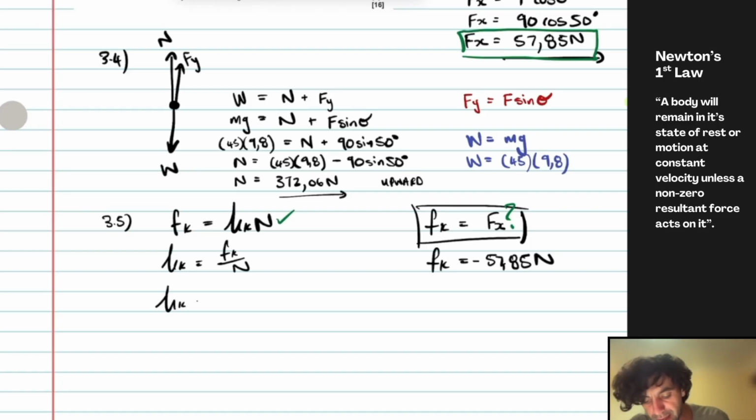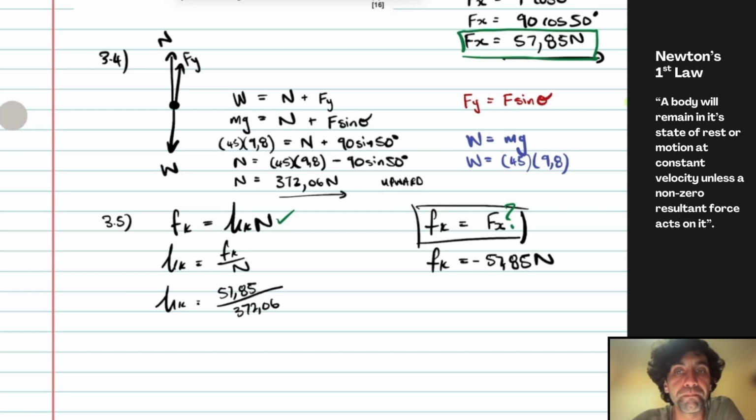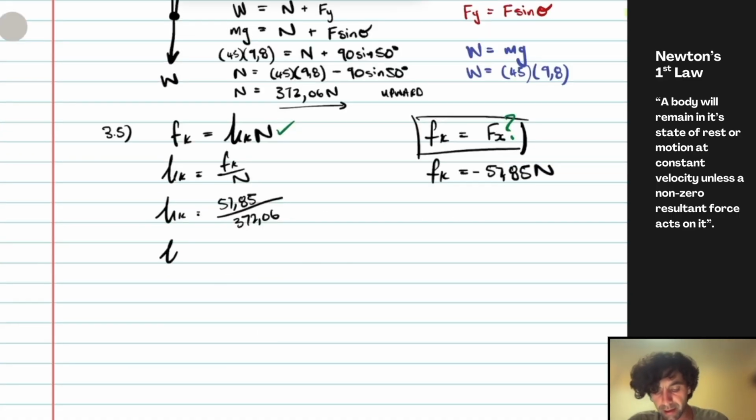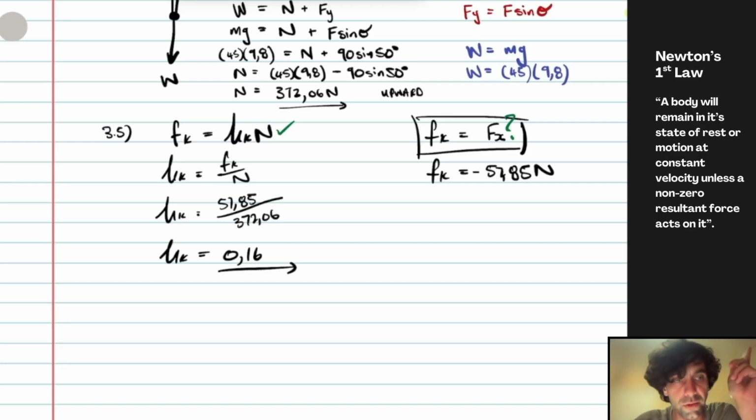So mu k, which is not going to be a negative value, it's going to be a positive value, is 57.85 divided by my normal force, which is 372.06. Remember how I said that this number is going to be less than 1. So my numerator is going to be smaller than my denominator naturally. So my coefficient of kinetic friction is going to be equal to 0.16.